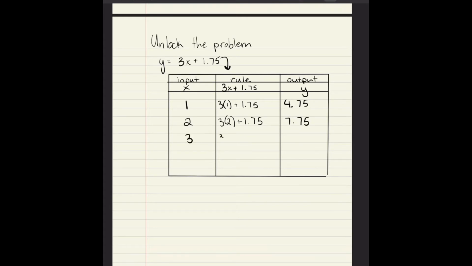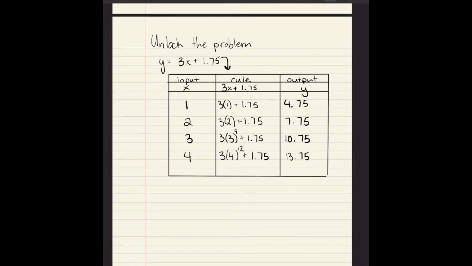Now with 3, so I have 3, and I'm inputting my independent variable. 3 times 3 is 9, plus 1.75 gives us 10.75. And finally with 4, I'm going to input that, so I have 4, nope, not 4, 3 times 4 plus 1.75. 3 times 4 is 12 plus 1.75, which gives me 13.75.